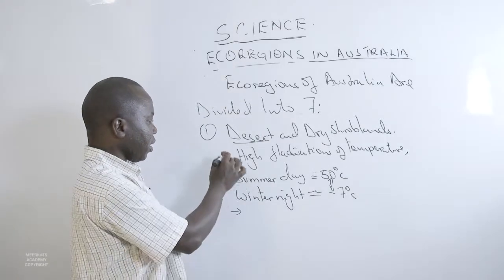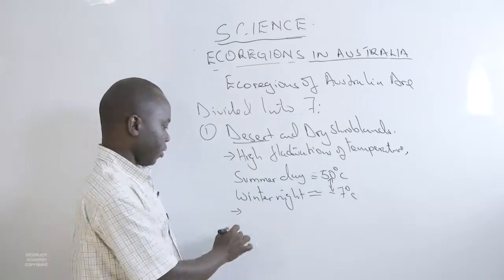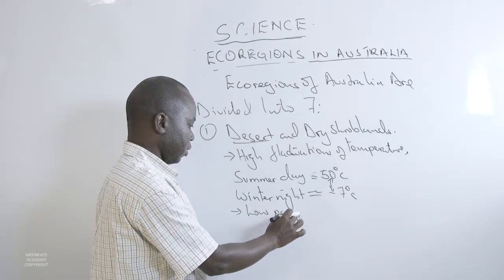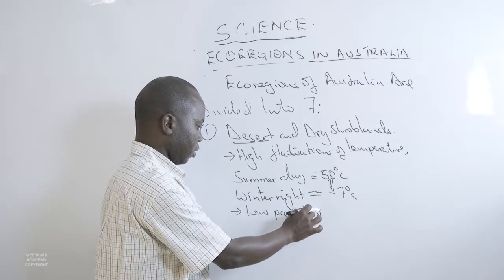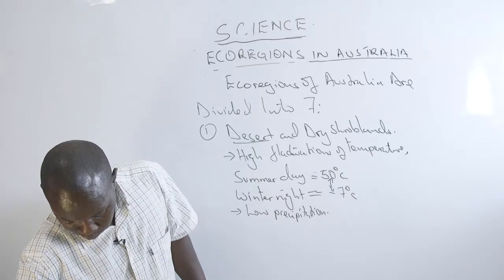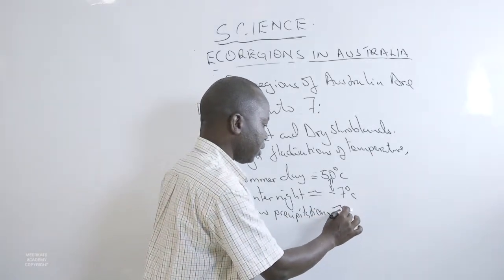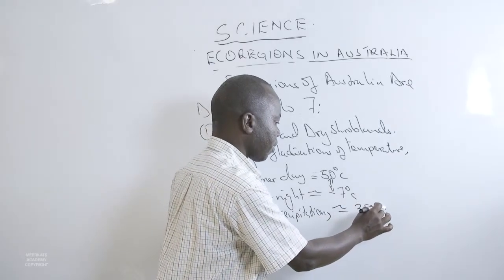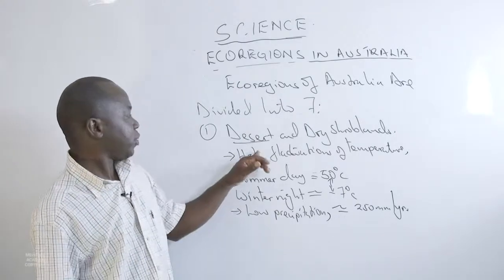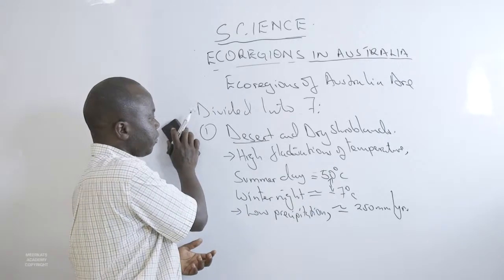And then this one comes with a low amount of rainfall, low precipitation per annum. The precipitation cannot be even above approximately 250 millimeters per year. So the first one is desert and dry shrubland.